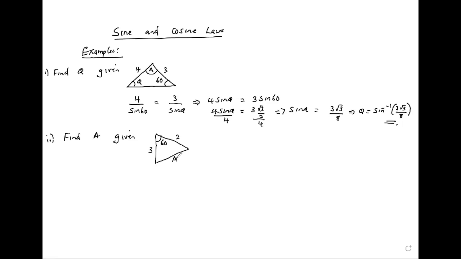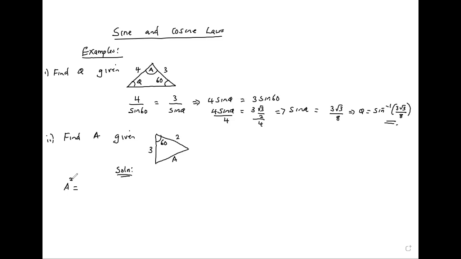So to find A, since I'm looking for the side, and I'm given its opposite angle, and the sides surrounding that angle are given, you can use the cosine law.